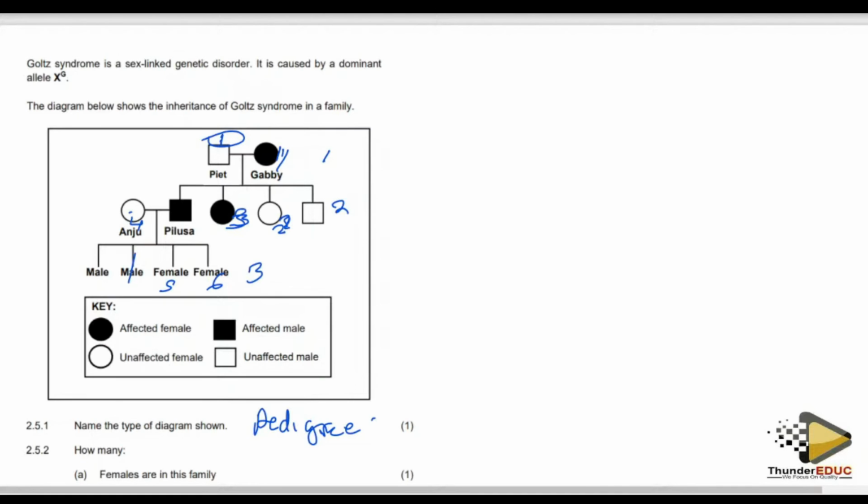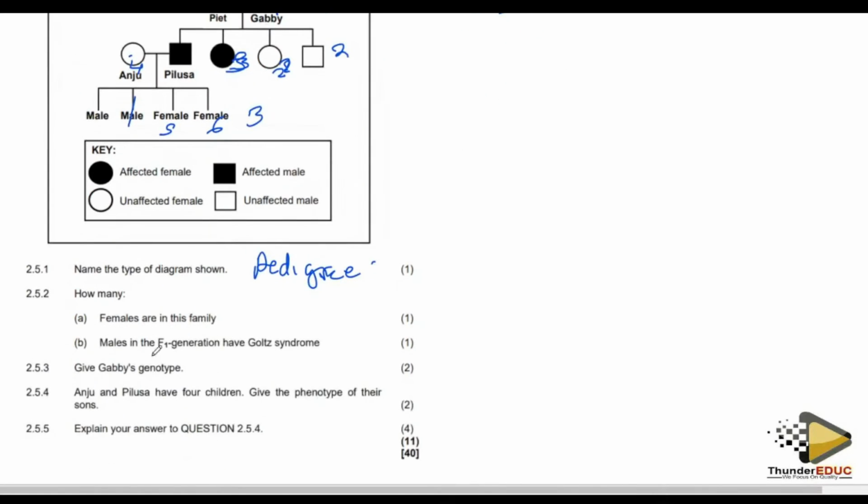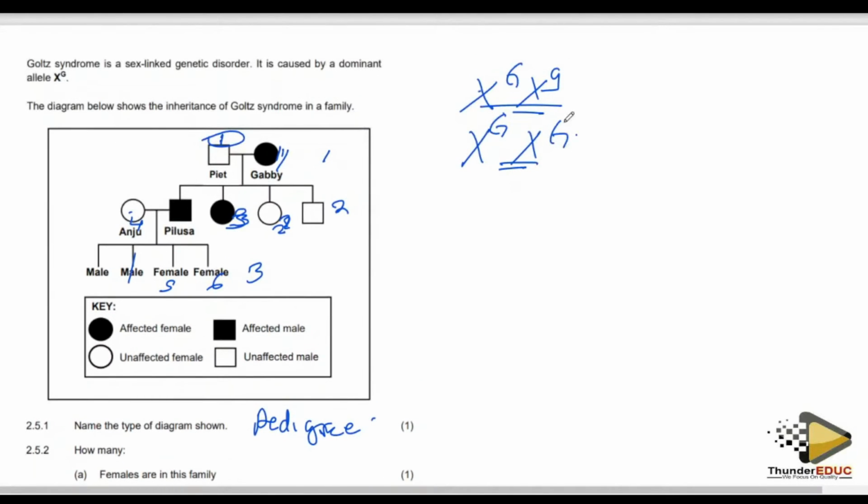So it means that you have two options. Gabby is a female, so it can be capital G, small g, or it can be capital G, capital G. But the question is asking for Gabby's genotype, so which of the two is correct?